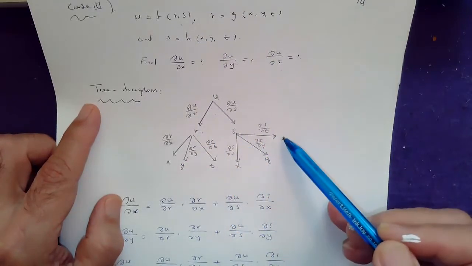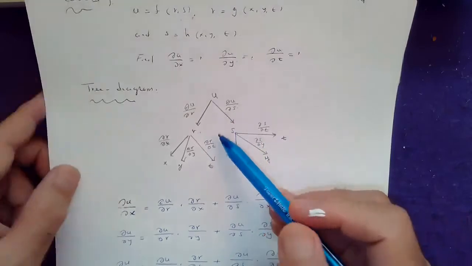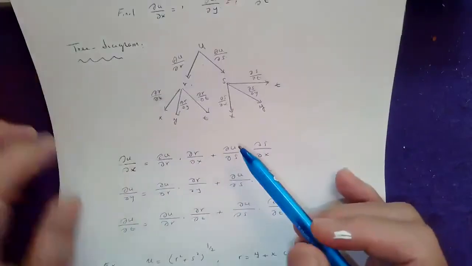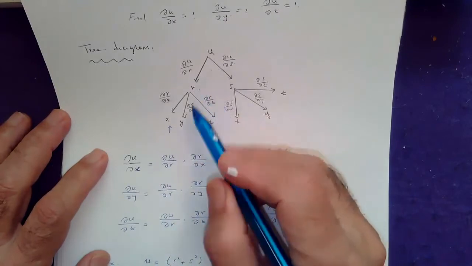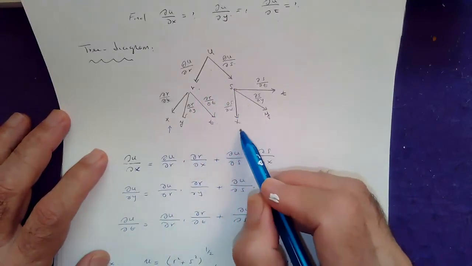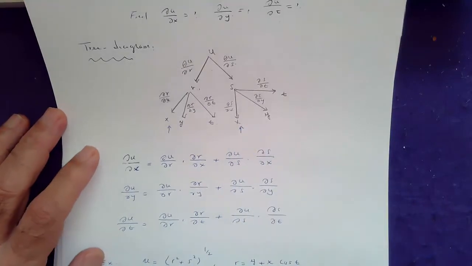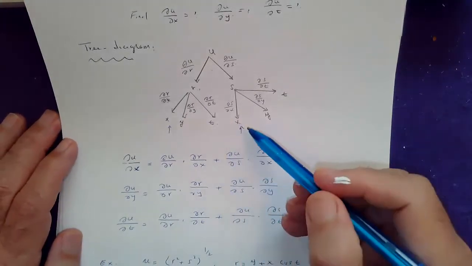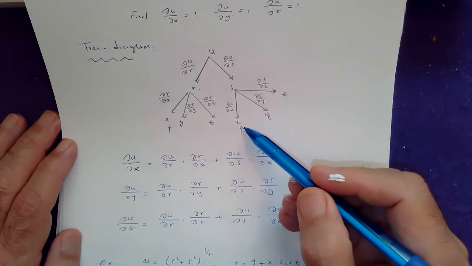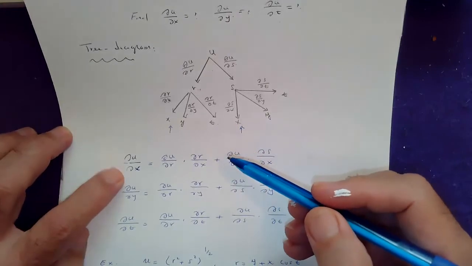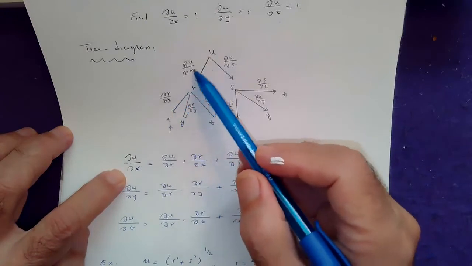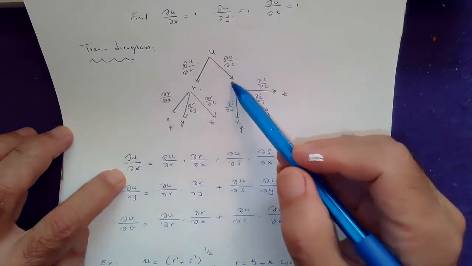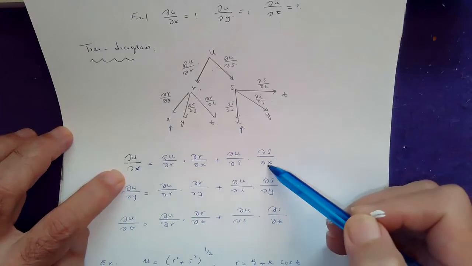So is s. So to find the partial derivative of u with respect to x, go from the top of the tree to the bottom of the tree and look for the branches which end with x. So the partial derivative of u with respect to x would be to multiply these two partials plus multiply these two partials.